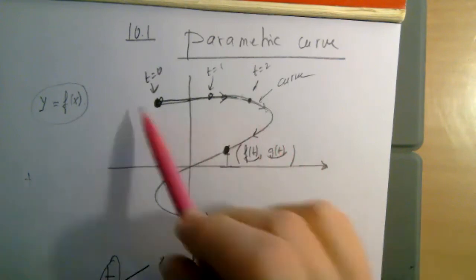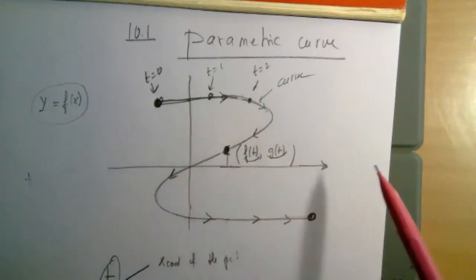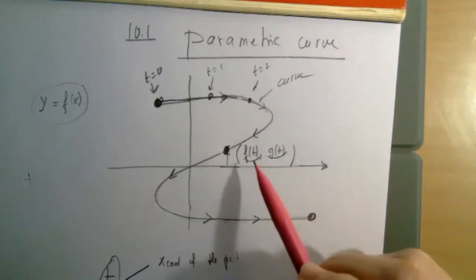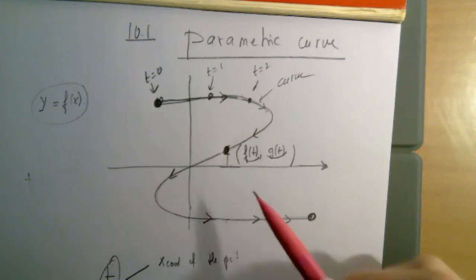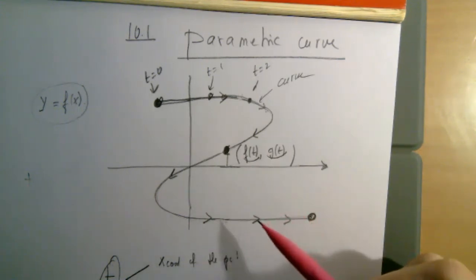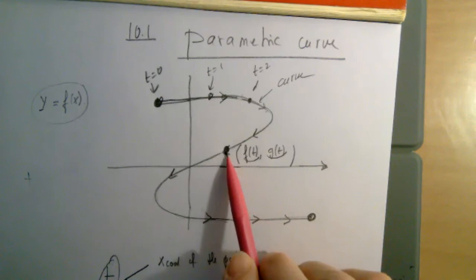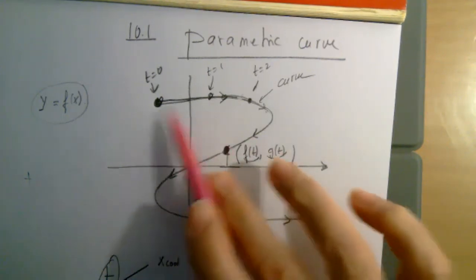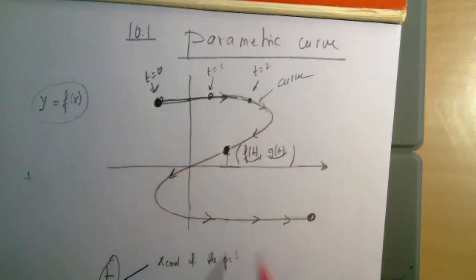Parametric curves are curves given to you in the following way. For every t, which I want you to think about as time, I tell you what the x and y coordinate is. By doing this, I can actually describe the curve for you.